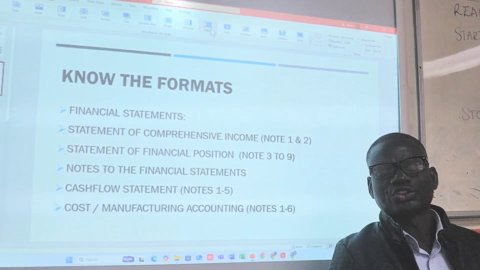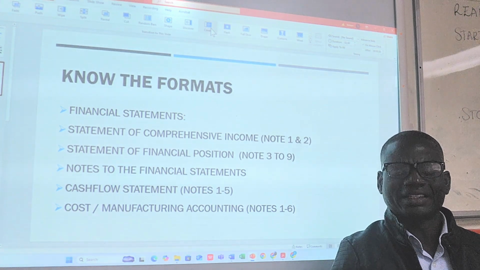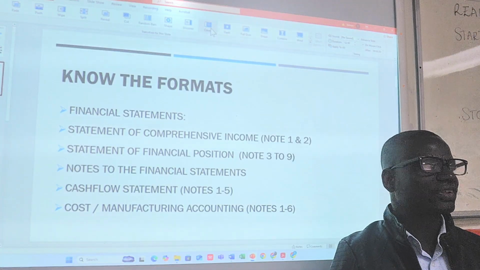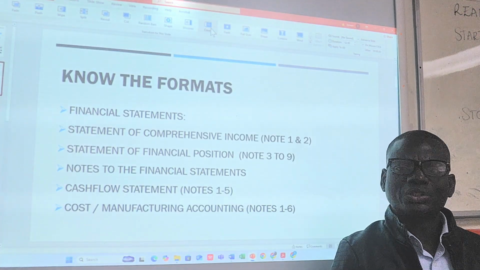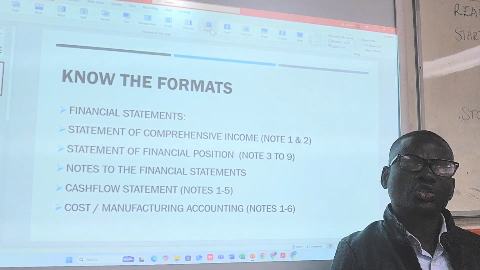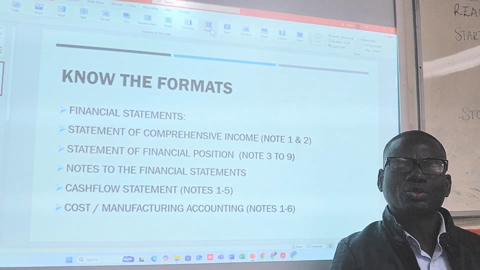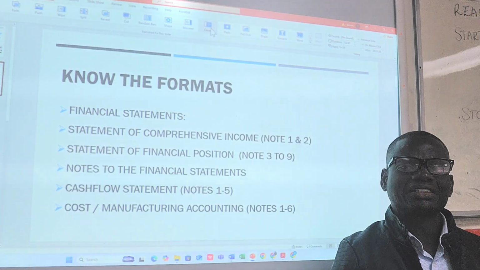Let me now try to list all those notes from number 1 to number 9. For the statement of comprehensive income, we have interest income in number 1, number 2, interest expense. When we go to the statement of financial position, which used to be the balance sheet before, we're no more on that.